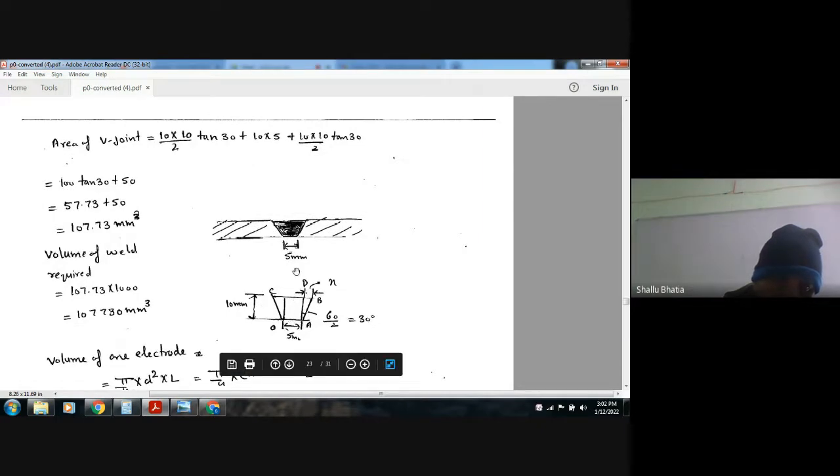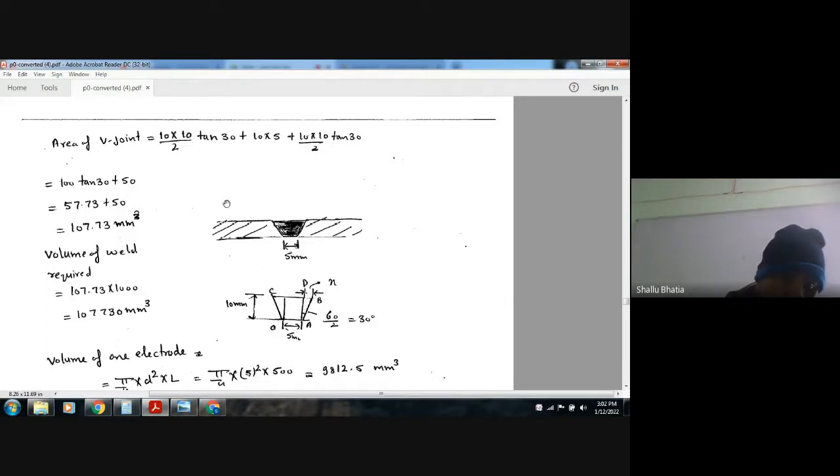Now we can calculate the area and then multiply with the dimension perpendicular to it, and then we can get the volume. The area is given by this triangle plus this triangle plus this square.